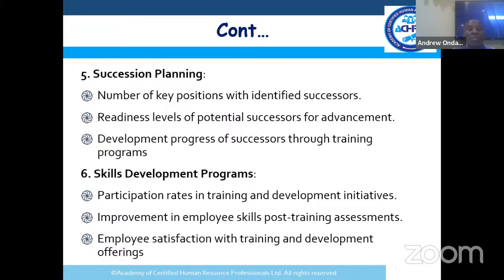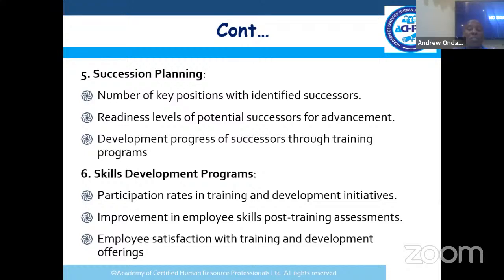On bullet 3, we are looking at the development progress of successors through training programs. One of the ways in which we prepare people for succession is training. So we need to train people on a continual basis. Though in government or public sector, they may be constrained by resources, that does not mean that even private sector don't have this challenge.